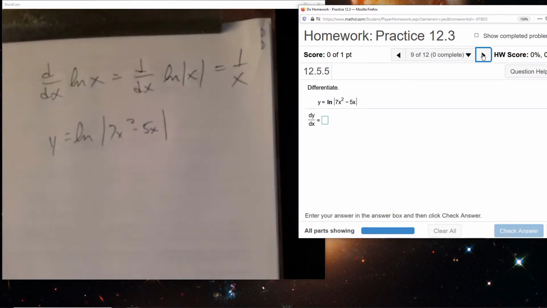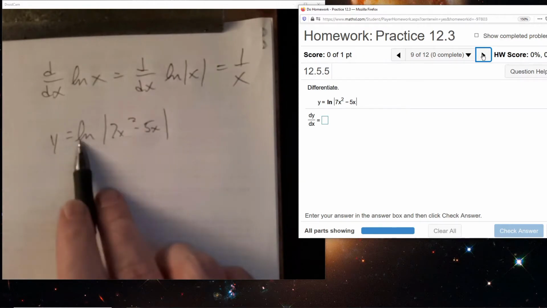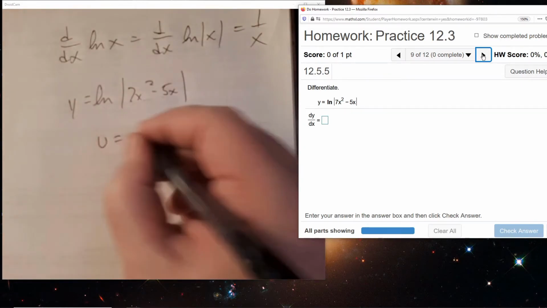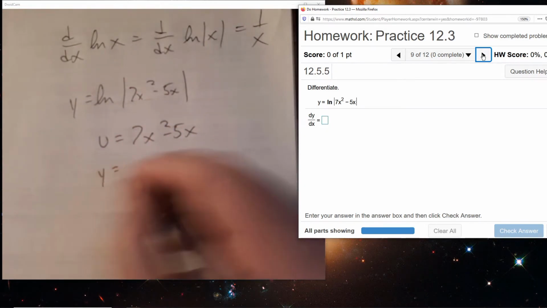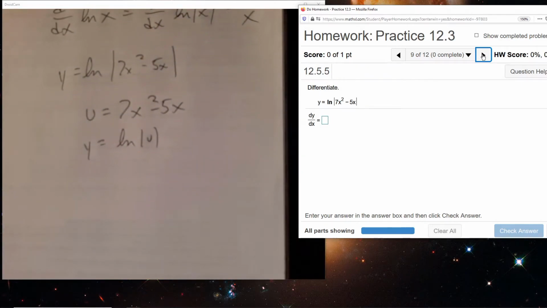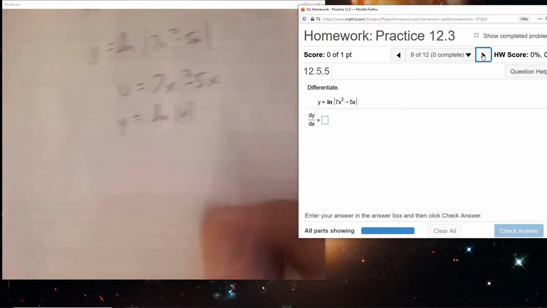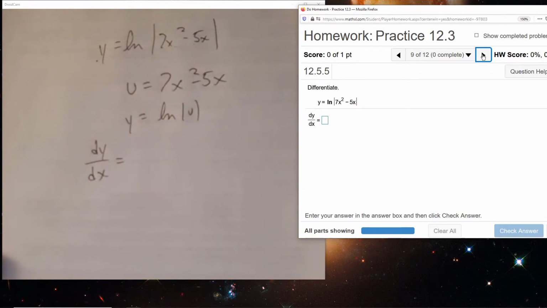So what do we have here? We have a power function inside a log function. We'll define the inner function as u, which makes the outer function much simpler. We'll look at the letters we have, y and x. So the derivative is dy dx.